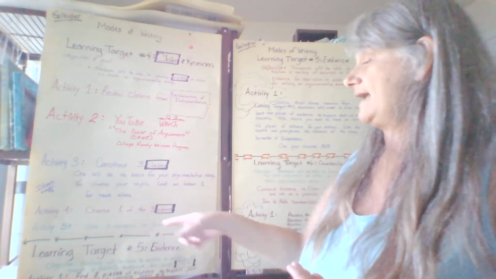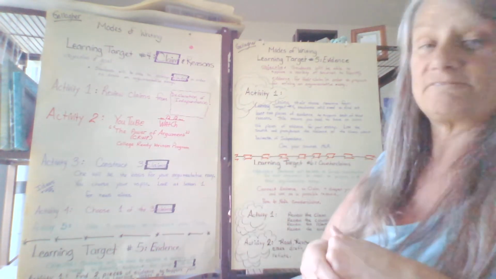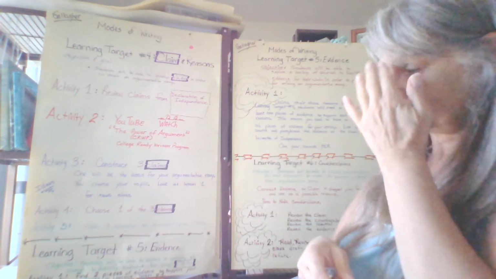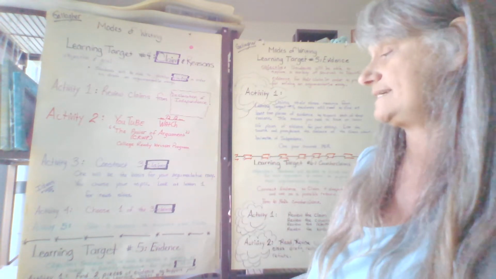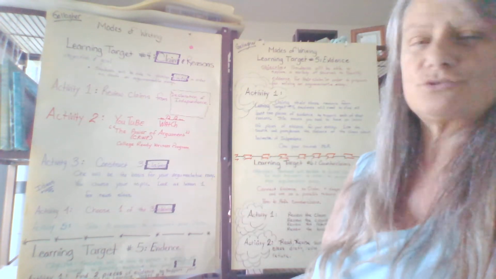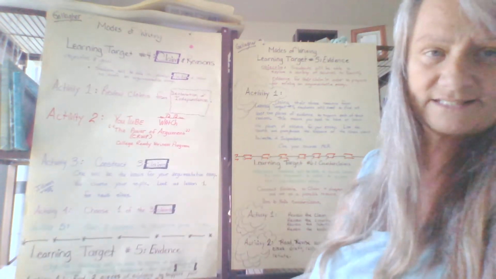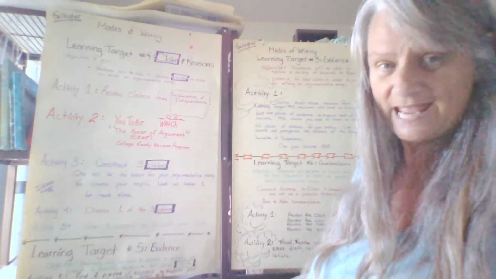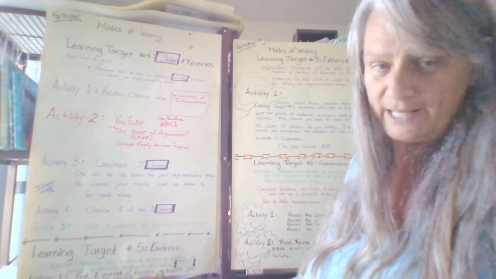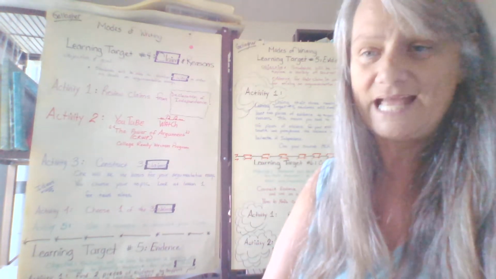They've done it high. And so then I go to learning target number 5, which is evidence. Evidence is objective. You know what evidence is, that's facts. That's the facts that support what you're going to say and tell you if your claim is solid or if it's not solid.